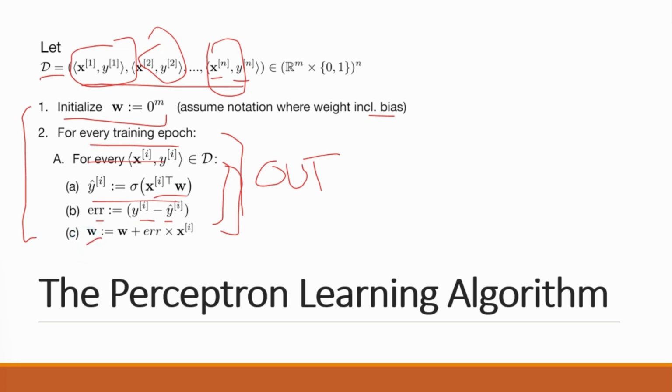C is the weight update: the new weight is the old weight plus the error times the input vector. But if the prediction is correct, 0 minus 0 is 0, then we can cancel this term and there is no weight update. If both are 1, then the error is also 0, and we can also cancel this term. So we can see the weight update only happens if we make a prediction error.